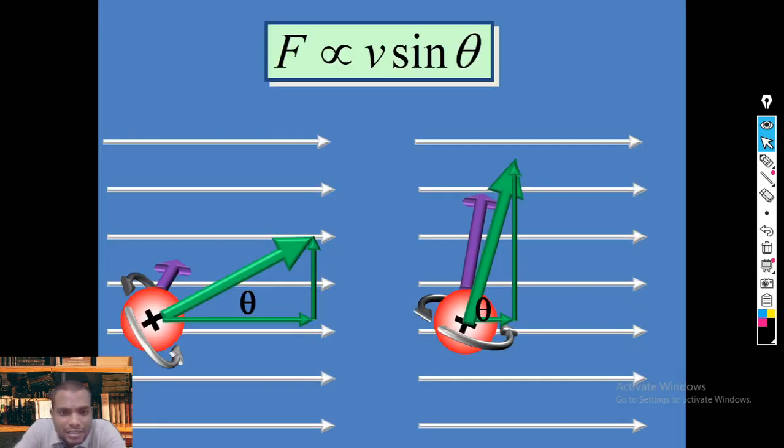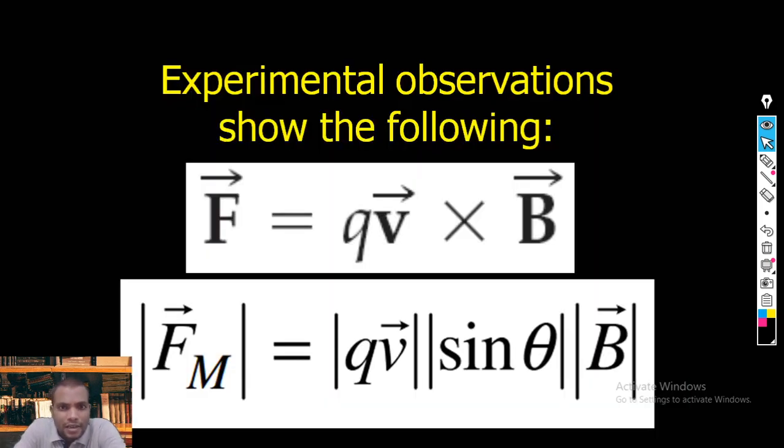So if theta changes from 0 to 90 degrees, you can see how the magnitude of the force changes. Finally, we can give the expression for the magnitude of the force acting on a charge in a uniform magnetic field: F equals Q times V cross B, that equals Q V B sin theta.